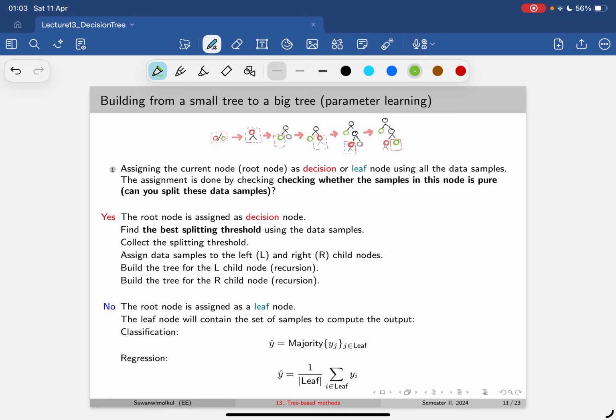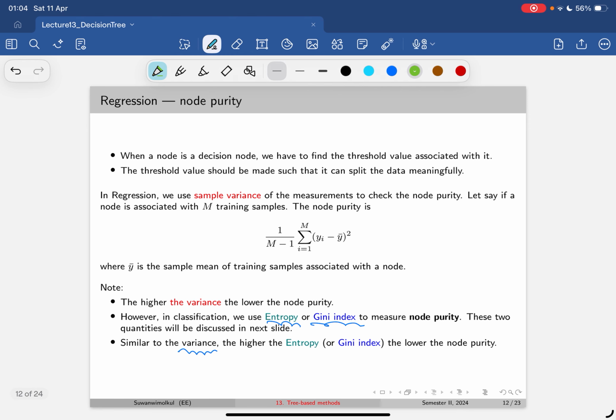Okay. So this is how the coding would work, but I don't want to go through this first because it could be quite confusing. But let's define something before we actually go over the algorithm. Okay, node purity. Node purity is something that we use to group the regions in a decision tree.